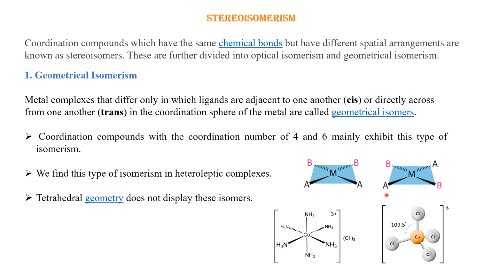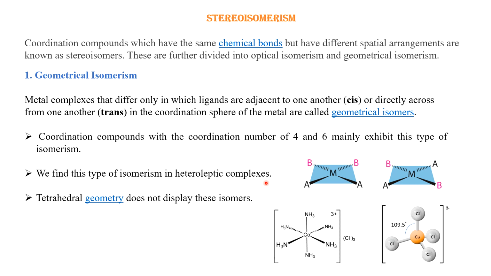One is cis, one is trans. Okay, so coordination compounds with coordination number mainly 4 and 6 exhibit this type of geometrical isomerism. And this type of isomerism can only be obtained in heteroleptic complexes. We have already discussed what is homoleptic and what is heteroleptic complex.